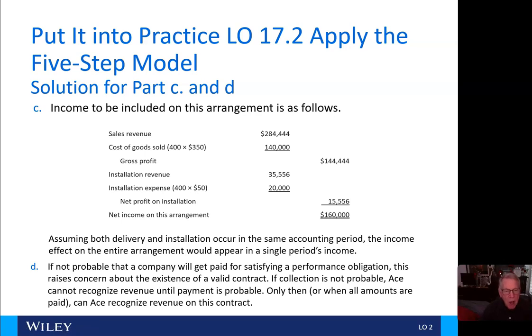If collection is not probable, ACE cannot recognize revenue until the payment is probable. Only then, or when all amounts are paid, can ACE recognize revenue on this contract.